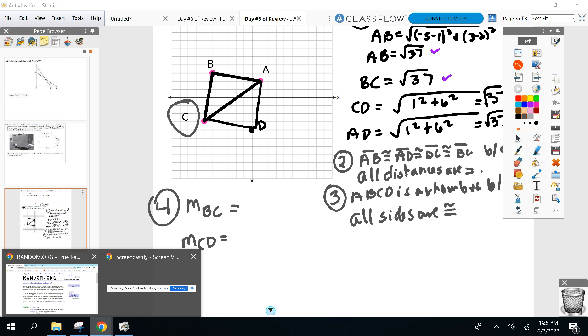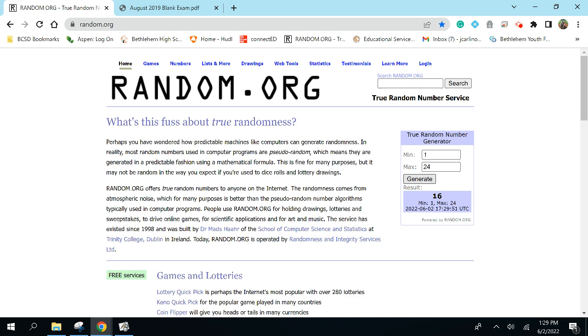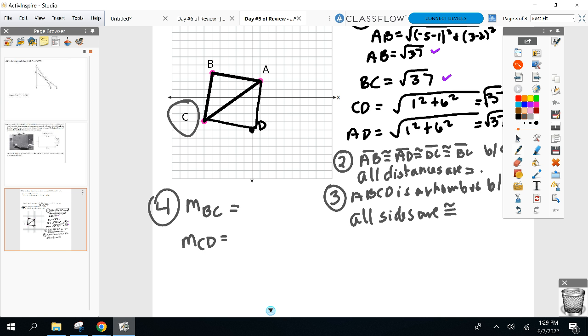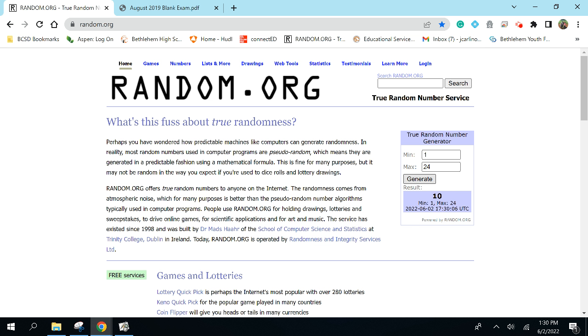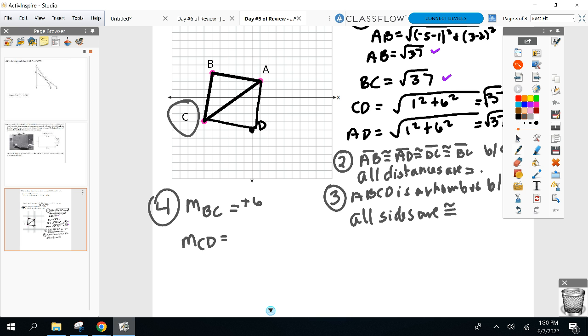Any of the slopes you found, let me know when you get it. Positive 6, good. Up 6 over 1. Find CD's slope, let me know when you get it. Negative 1 over 6.